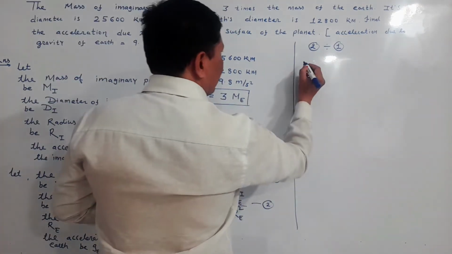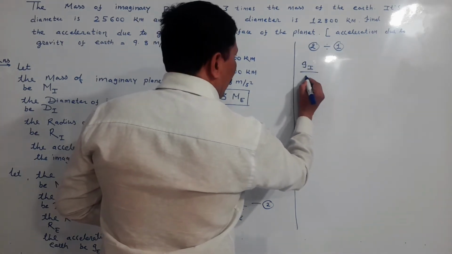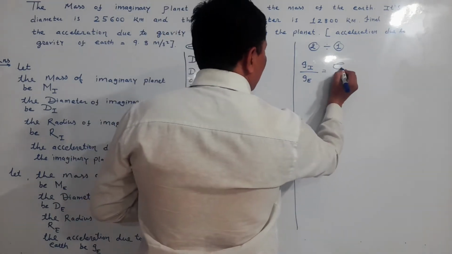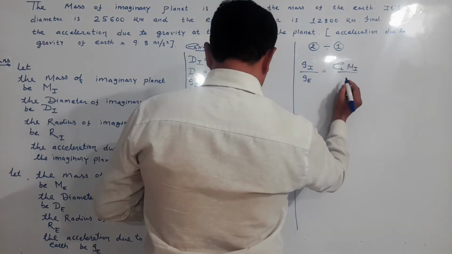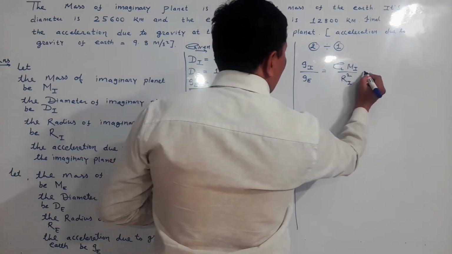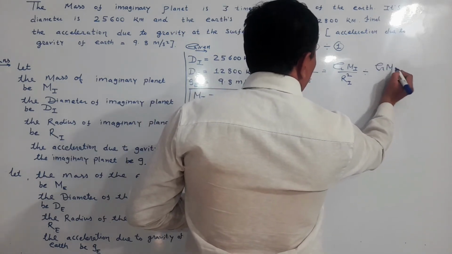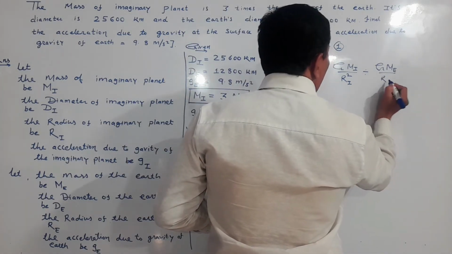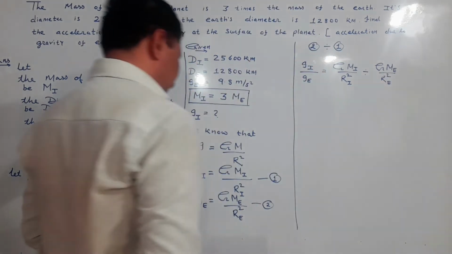So we can write Gi upon Ge is equal to G Mi upon Ri square divided by G Me upon Re square.